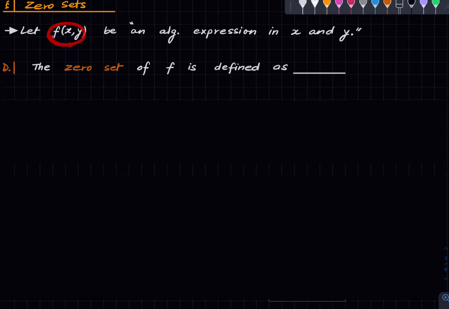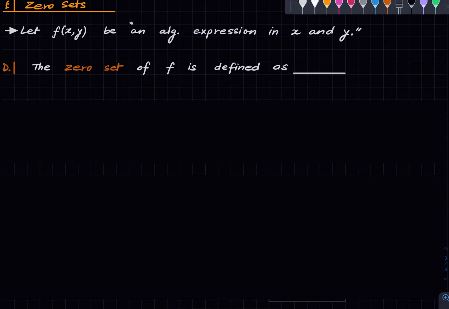So let this be an algebraic expression. Let's not try to formally define what is an algebraic expression, which is why I have put it in brackets. But when I say algebraic expression, I mean things of this sort, like x square plus y square minus 2.